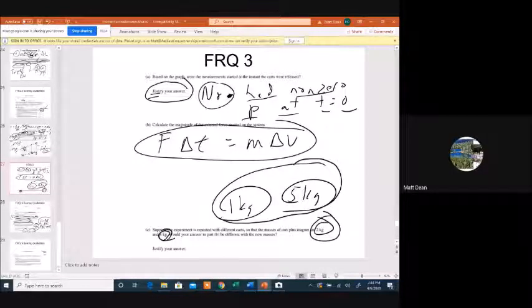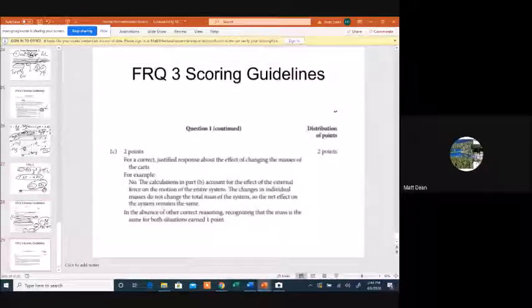Let's look at our rubric. 2 possible points, 1 for saying that it doesn't change. The masses don't change the answer because the calculations in part B account for the effect of the external force. All we did was change the arrangement of the masses. There's a constant system mass, therefore a constant force, a constant acceleration. Not going to change.